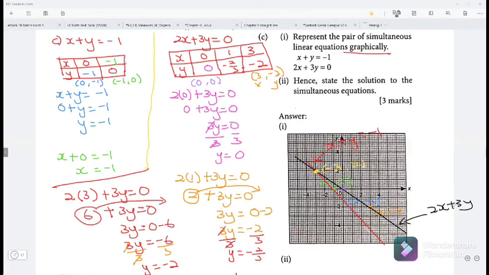The black color is 2x plus 3y equals 0. So now the point of intersection is actually negative 3 and 2. Then your x is supposed to be negative 3, your y is supposed to be 2.